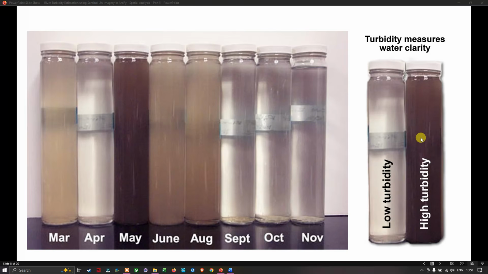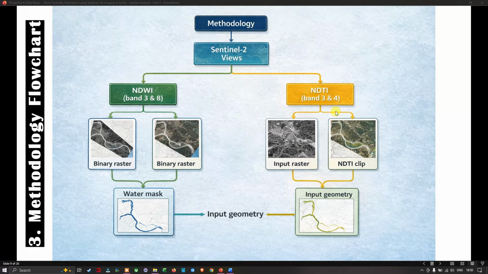And the methodology for this analysis: we're going to use Sentinel-2A imagery. The next step is we're going to generate NDWI, the Normalized Difference Water Index, using band 3 and band 8 of Sentinel-2A imagery. Similarly, we're going to generate NDTI, the Normalized Difference Turbidity Index, using band 3 and band 4. Once NDWI is generated, we're going to apply a binary raster threshold to get the water mask.